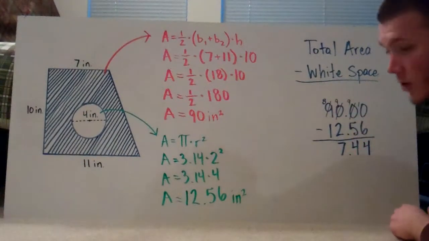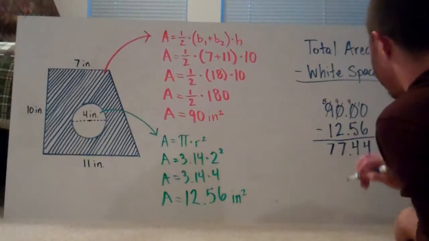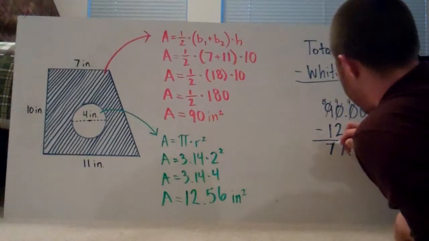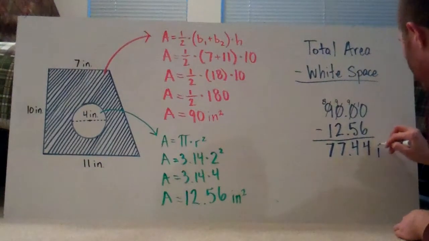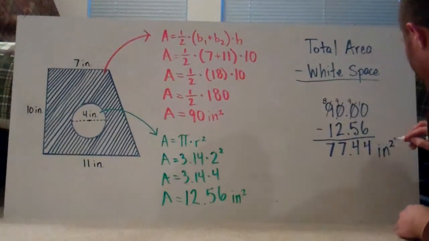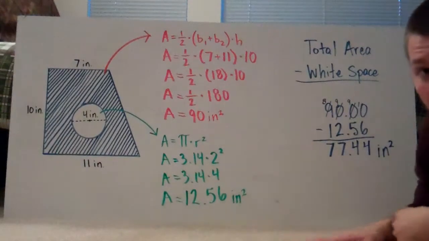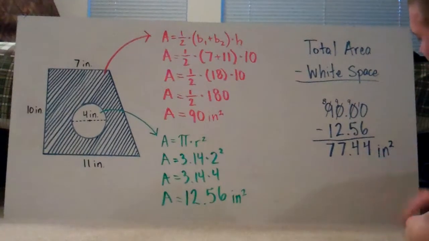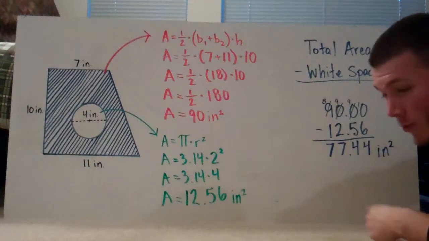And 8 minus 1 is 7. Let's make that a little bigger. So my answer for the area of the white space, or sorry, the area of the shaded region, is 77.44 square inches.